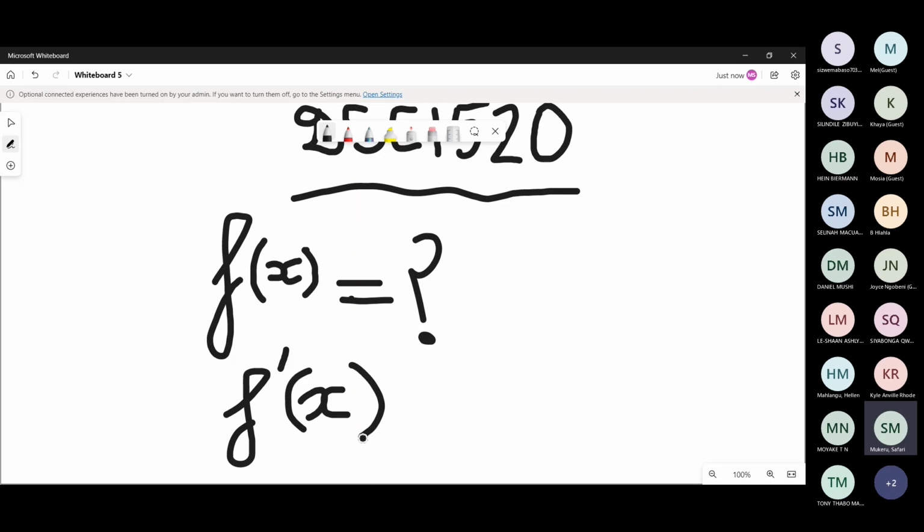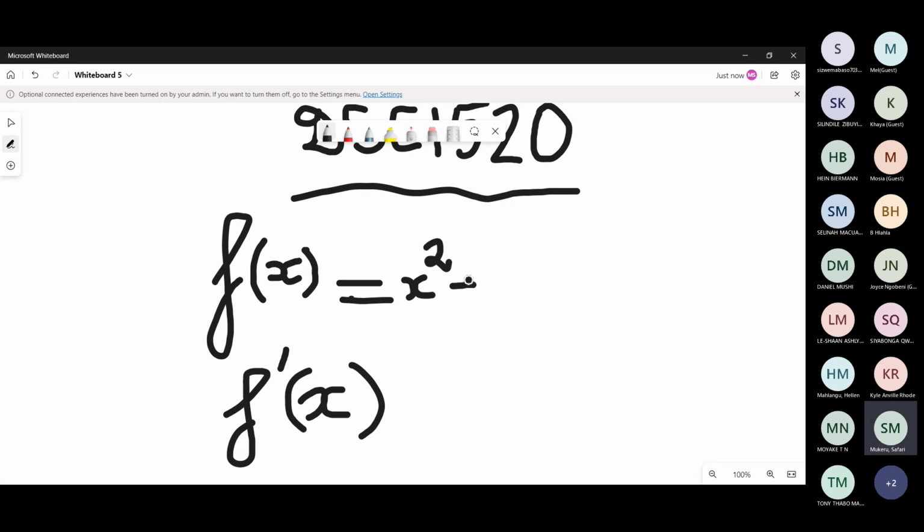If we are given a function f, how do we compute its derivative? Let me take an example rather than remaining in the abstract.